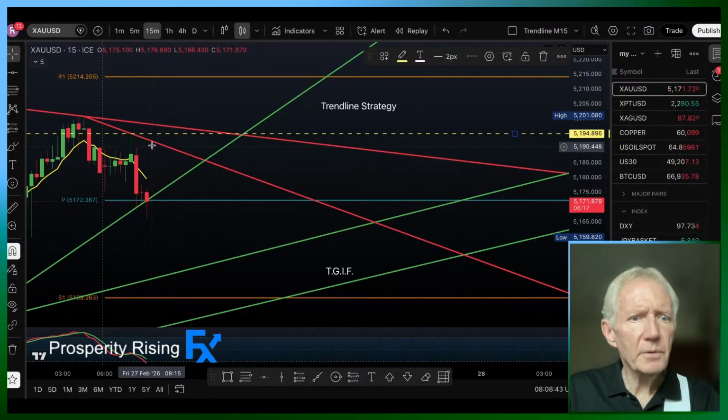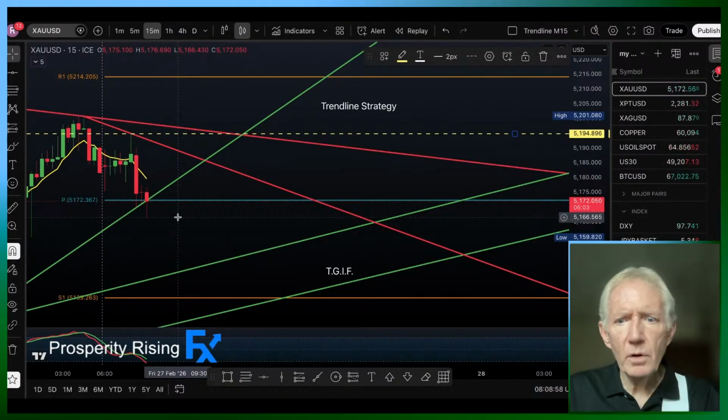And then possibly sometimes it will come up and respect the trend line and then continue down. So that's my safety line. If it breaks above that, then the trade's going to go the opposite direction. And right now where it was, that's 51.